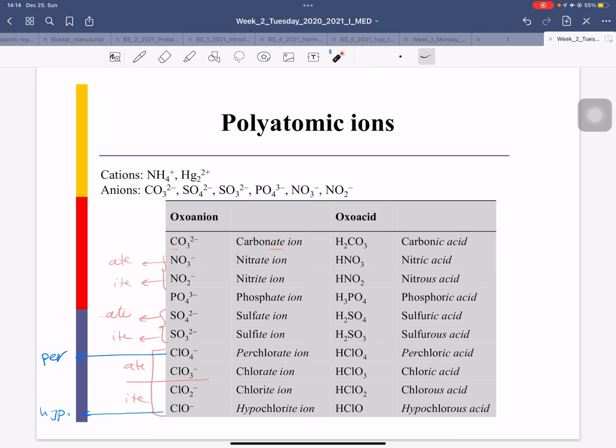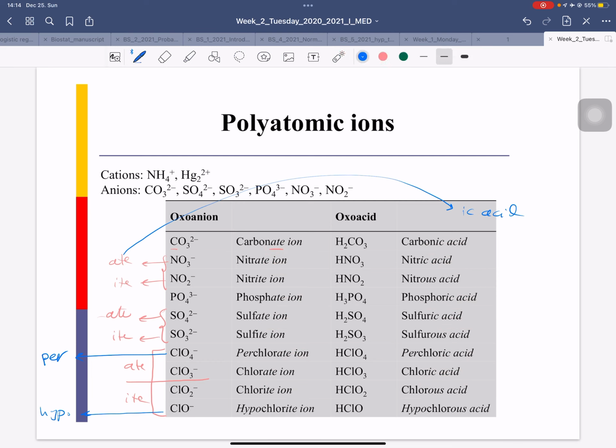But it's very easy. If we have -ate, when we make an acid, -ate converts to -ic acid. For example, carbonate, carbonic acid; nitrate, nitric acid; phosphate, phosphoric acid; sulfate, sulfuric acid; perchlorate, perchloric acid; chlorate, chloric acid.